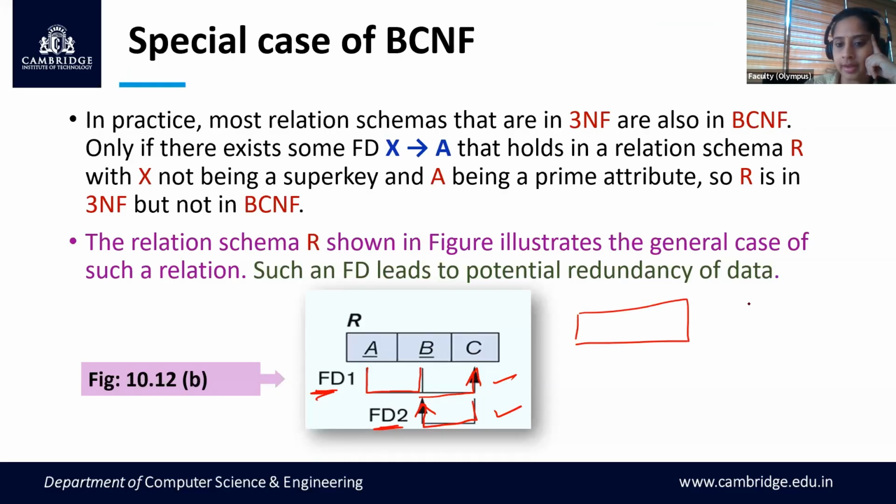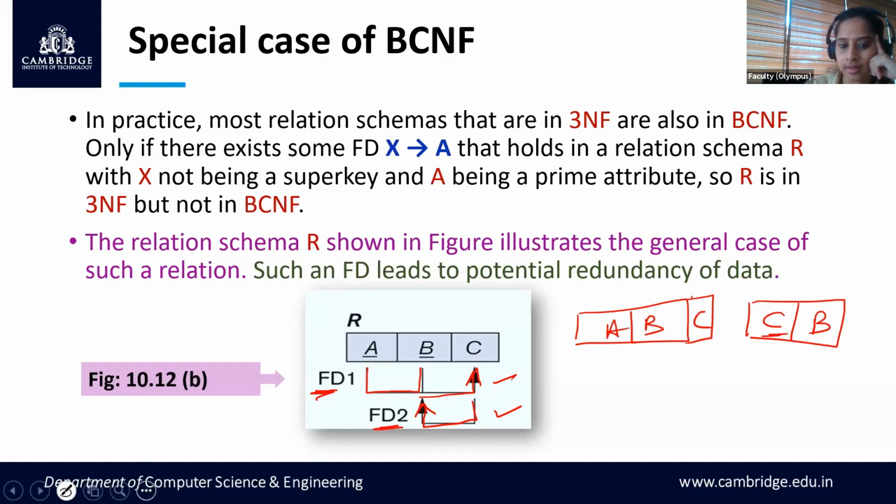Now, if you want to break it into two relations. If I go according to FD2, then my C will be the primary key and B will be an attribute. If I keep B here, then it will be redundancy for me. So I need to erase B here.